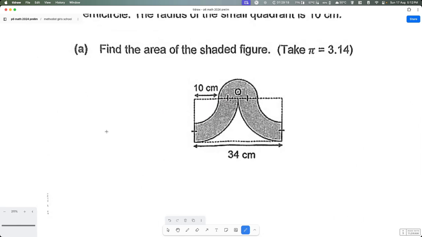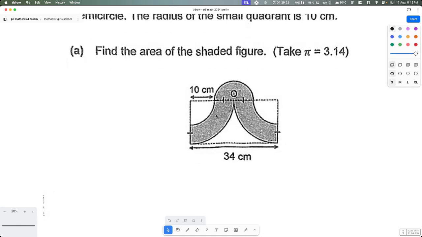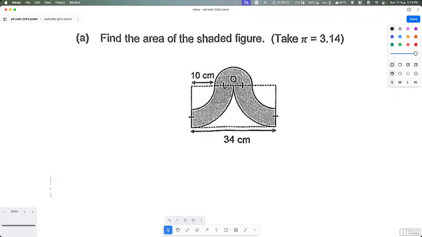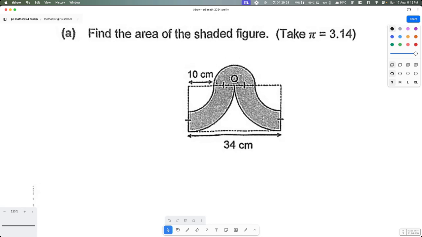All right. So in this, we can know the semicircle. This is 10 centimeters. This is also 10 centimeters as well.